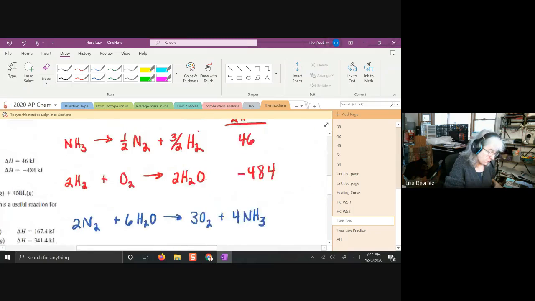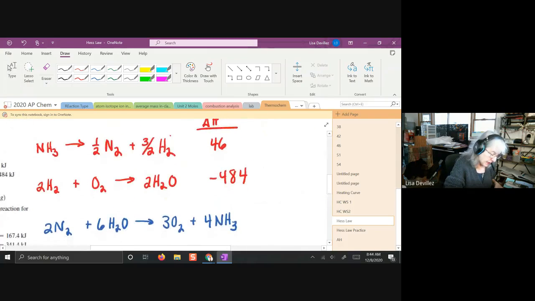So what I want to do is manipulate the two equations that I know the delta H for, so that when I add them together, it gives me the equation I'm wanting to find the delta H for, because then I can just add the delta H's for each of those equations, and that will give me the delta H for my unknown equation.